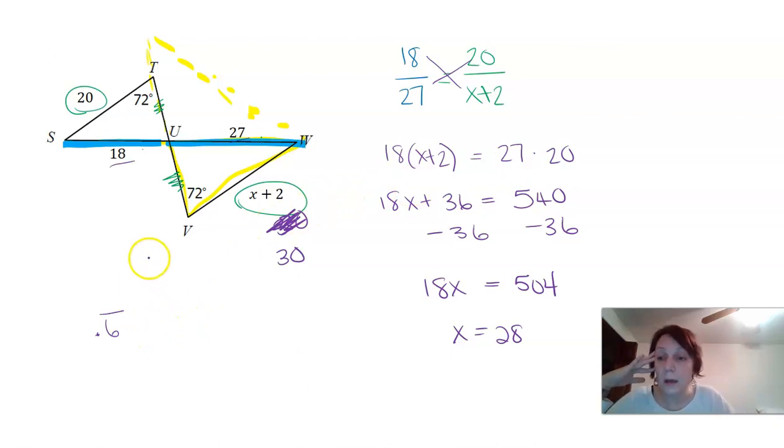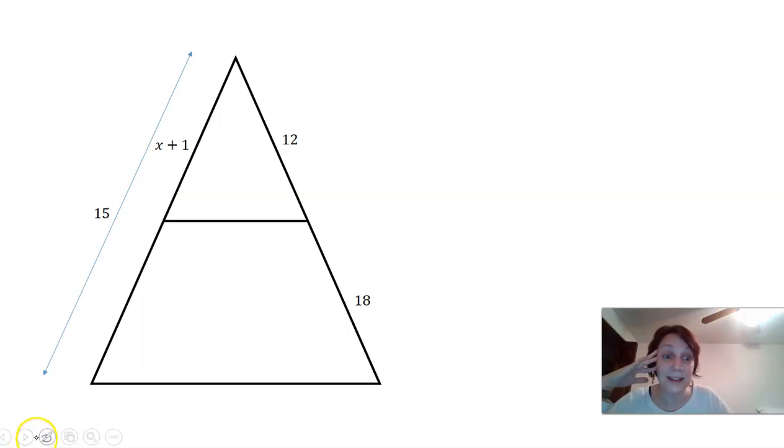Okay, the last kind I want to show you, even though I've already accidentally shown it to you like 5 times now, is when they do this trick where it looks like one shape, but they're being sneaky and they stuck one triangle inside of another triangle. You see that?